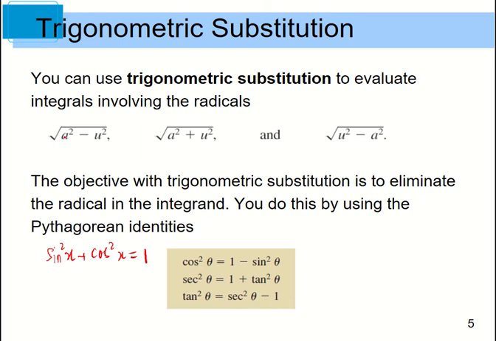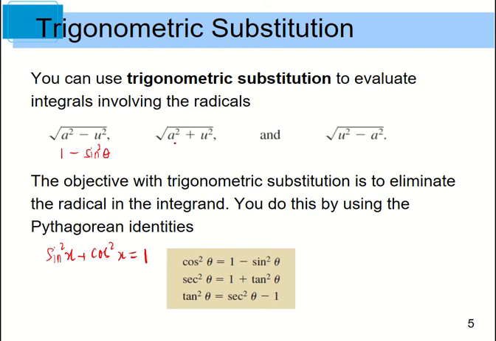Now, as you can see here, this is a square minus u square. The a is a number, and the u is a function of x. This is the same pattern as 1 minus sine square theta.